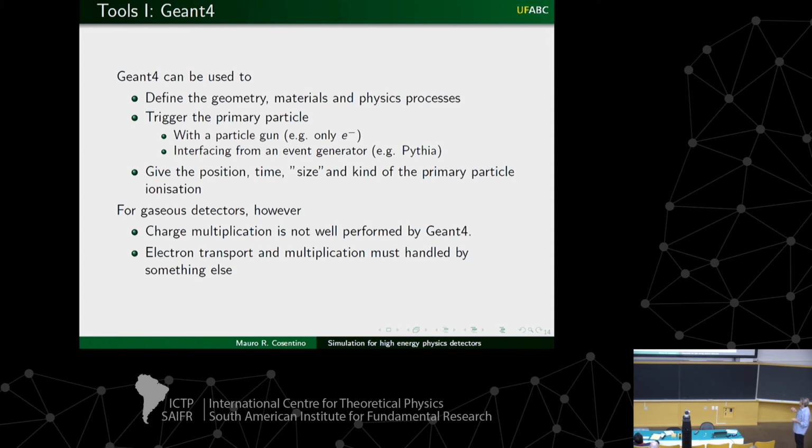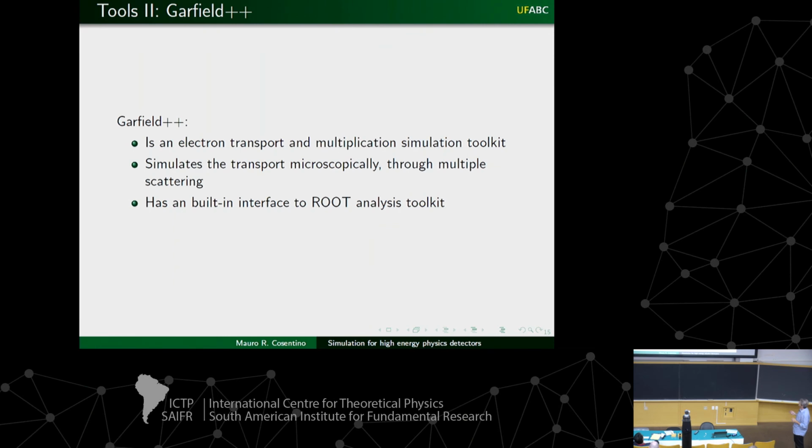But for gaseous detectors, charge multiplication is not well performed by Geant4. We need something else to transport the electrons and make the multiplication. And this is where we started using Garfield++. Garfield++ is an electron transport and multiplication simulation toolkit.